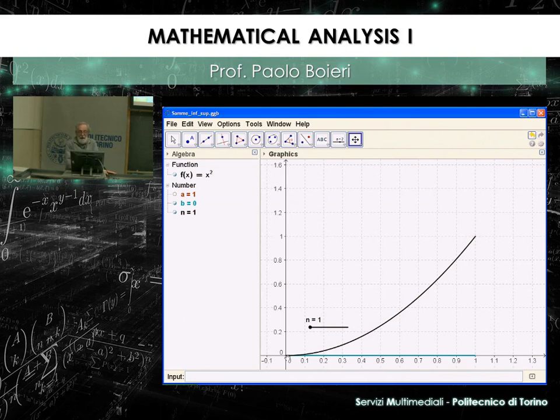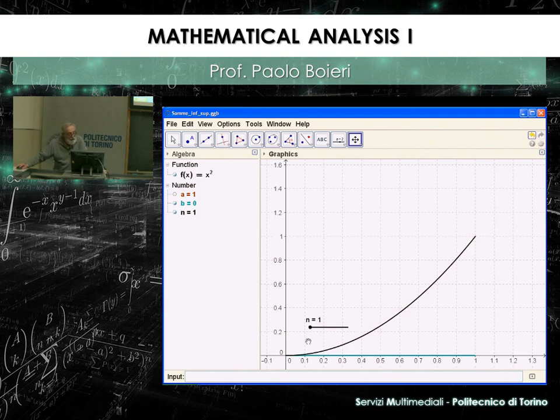If I take the interval 0, 1, you see that I cannot put a rectangle that is below this graph, because the height of this rectangle should be 0.